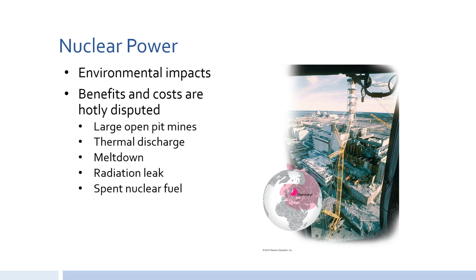But we are in an earthquake zone, and we have spent fuel rods within a 15-minute drive of my house. But a lot of people do like it because it does not release greenhouse gases, right? There's no carbon being released. So a lot of people believe that this is a very important component.